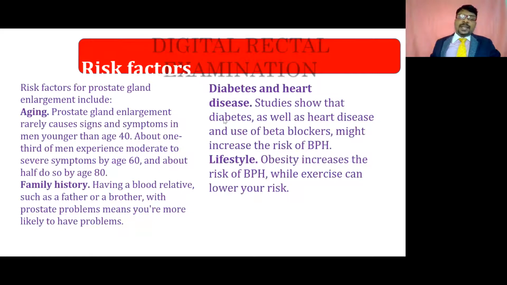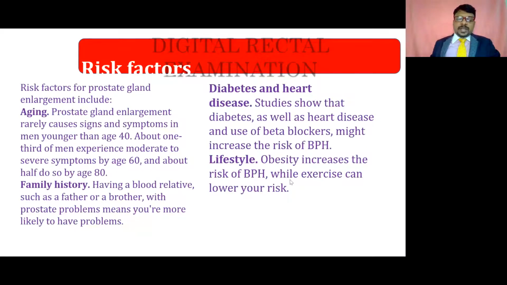Lifestyle also plays a major role in overall health, especially obesity. With obesity, because of fat accumulation and increased BMI, you may get other systemic disorders, and because of those you may get other complications.